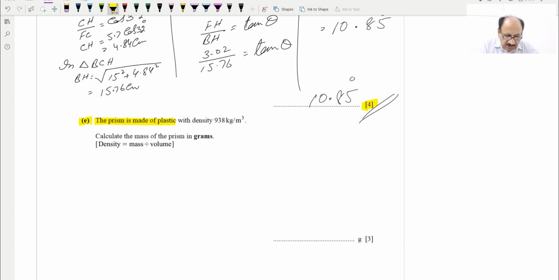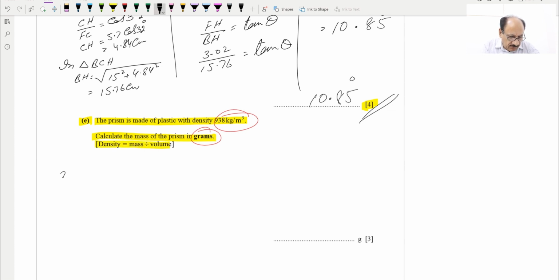Now this is part E. The prism is made of plastic with density 938 kilograms per meter cubed. Keep in mind these units, and then calculate the mass of the prism in grams. So the mass of the prism is required in grams. Density is equal to mass over volume, it's given.